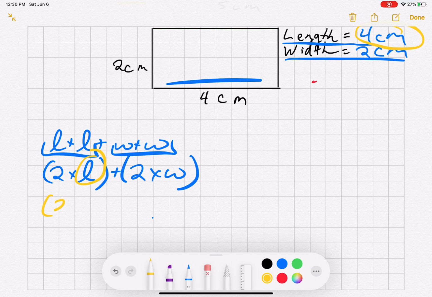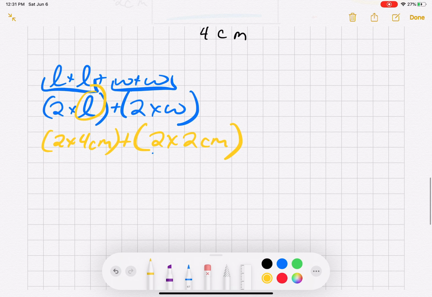So I have 2 times 4 centimeters plus 2 times, right there, 2 centimeters. Okay, I'm looking that I still have my centimeters in my problem so that I remember to add it in at the end.